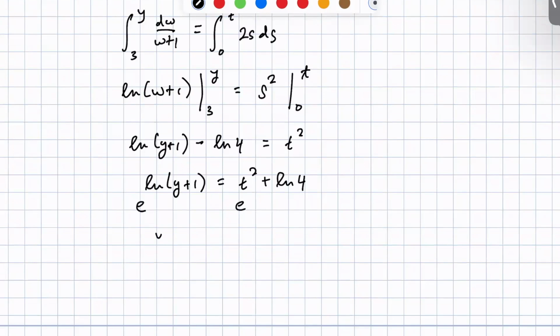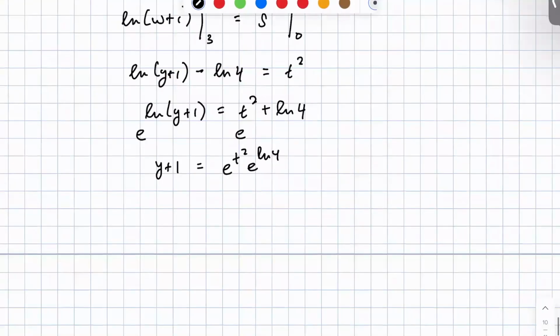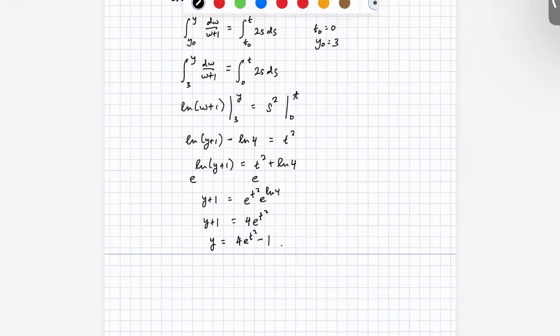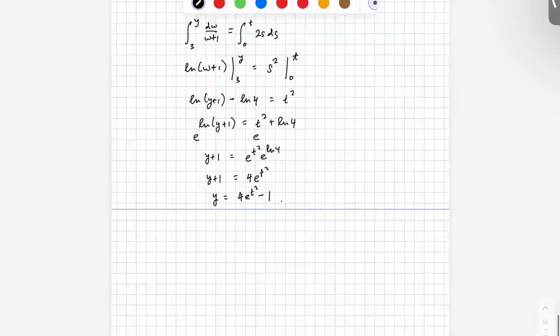So I have y plus 1 is equal to e to the t squared times e to the log 4. Well, this is a 4. So I have 4 e to the t squared, and then y equals 4e to the t squared minus 1. So this way, you don't actually have to solve for C. The constant is solved in the process of this problem.